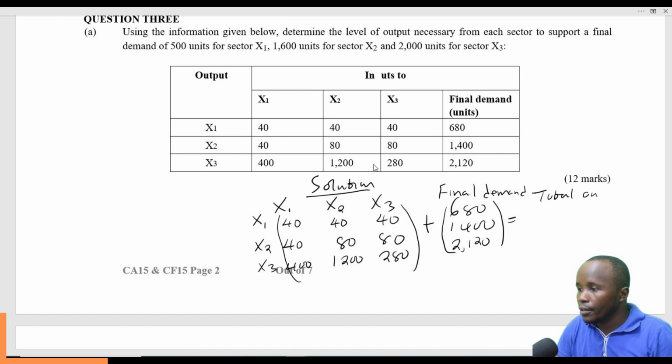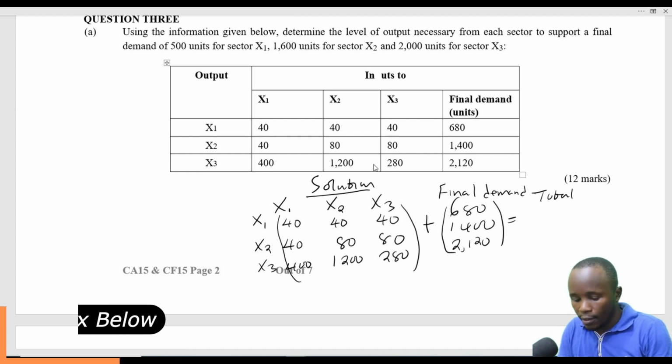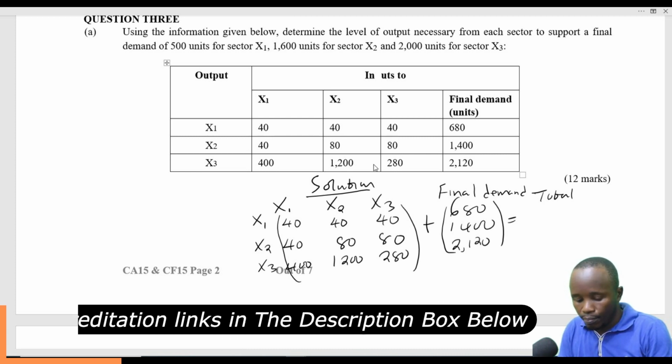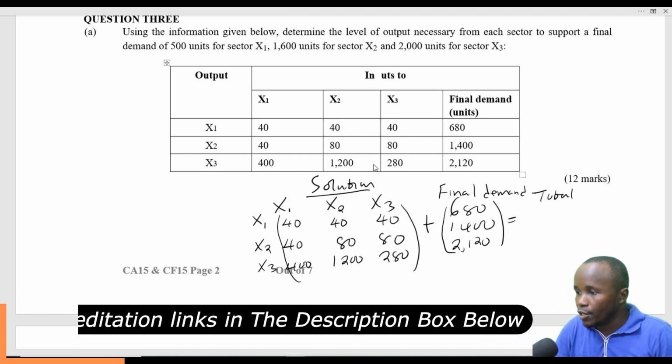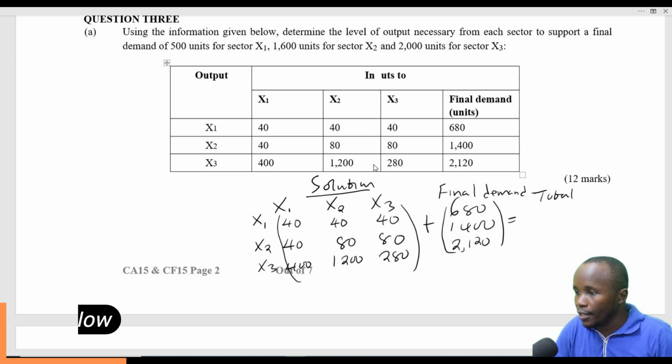Total output, we need to add 40 plus 40 plus 40 plus 680. If you add this one, the total output here is 800.